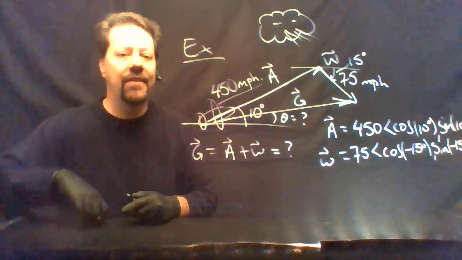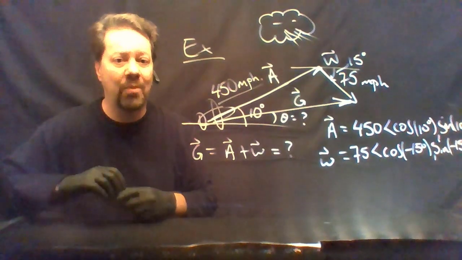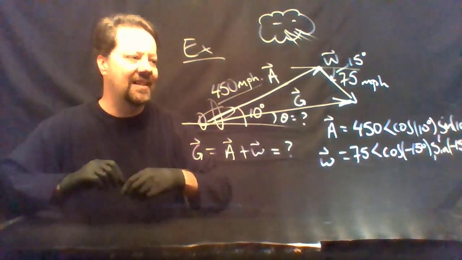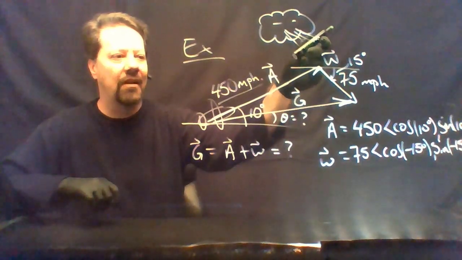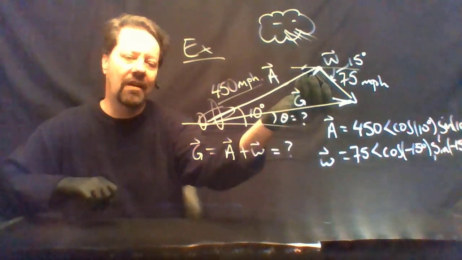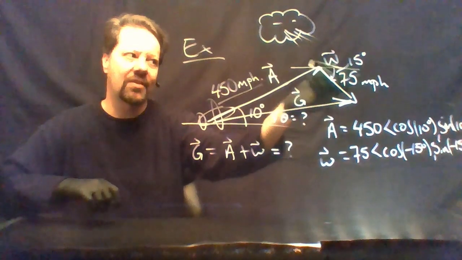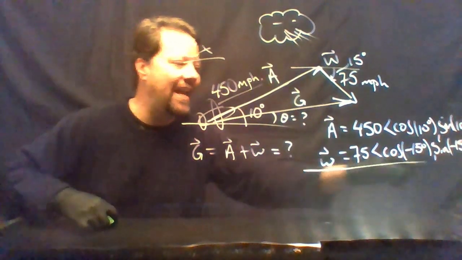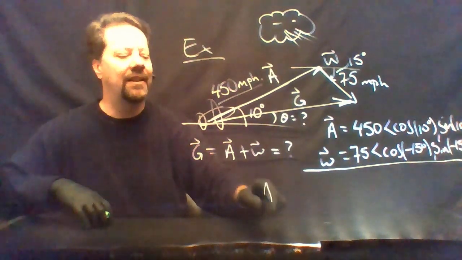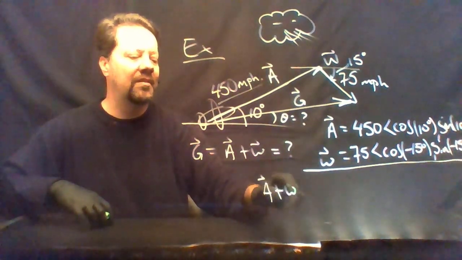Don't forget those negatives in there. They're important. It's negative because we said you get positive angles when measured counterclockwise. The angles measured clockwise off of that positive x-axis direction, the angle is negative. We're going to add these two to get A plus W.